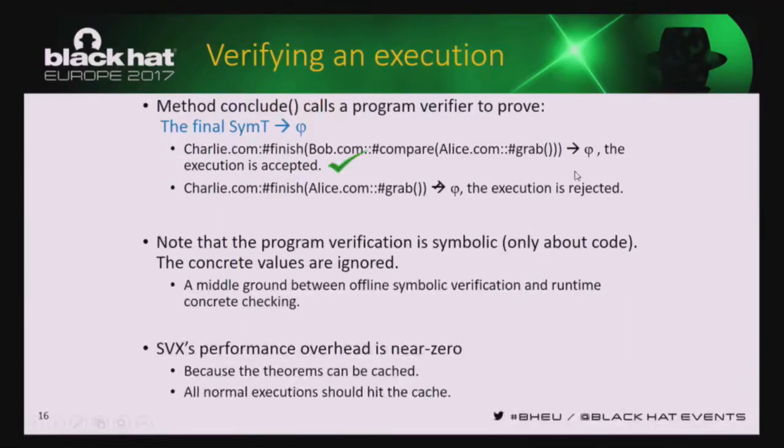So the execution is accepted. On the other hand, if the code sequence only consists of grab and directly finish, then the corresponding logic is insufficient to prove this theorem. Then the execution is rejected. And note that in SVX, the program verification is symbolic, which is only about the code, but no concrete data.